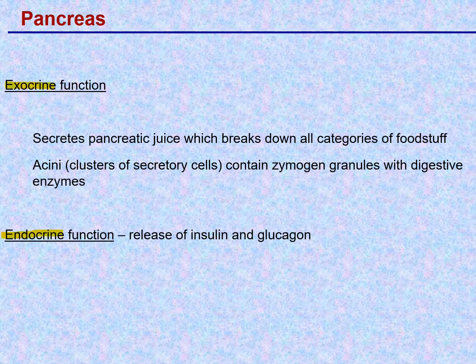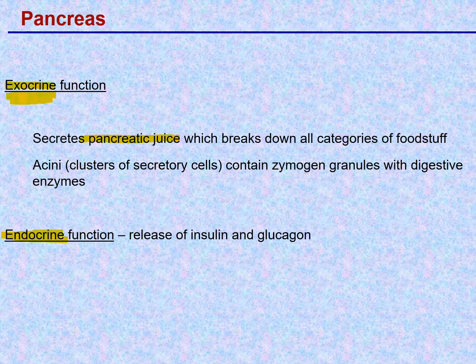So it is an exocrine gland, secreting its products out through the duct that leads down to the duodenum. It secretes enzymes, which collectively are called pancreatic juice, into the duodenum. That's the exocrine part and the exocrine function.